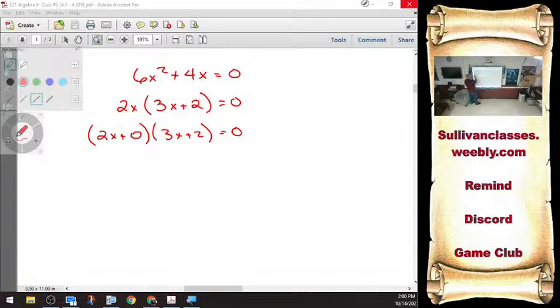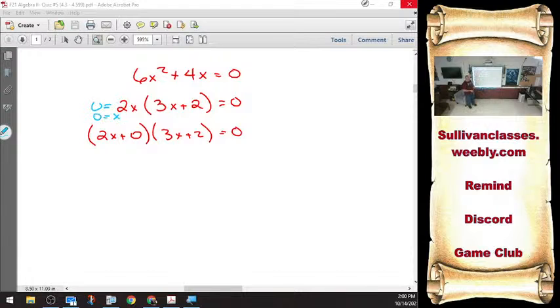But if I set this equal to 0, x is just 0, right? So those ones are actually really nice because if I just take out a something x, I know that 0 is one of my factors, or one of my solutions.